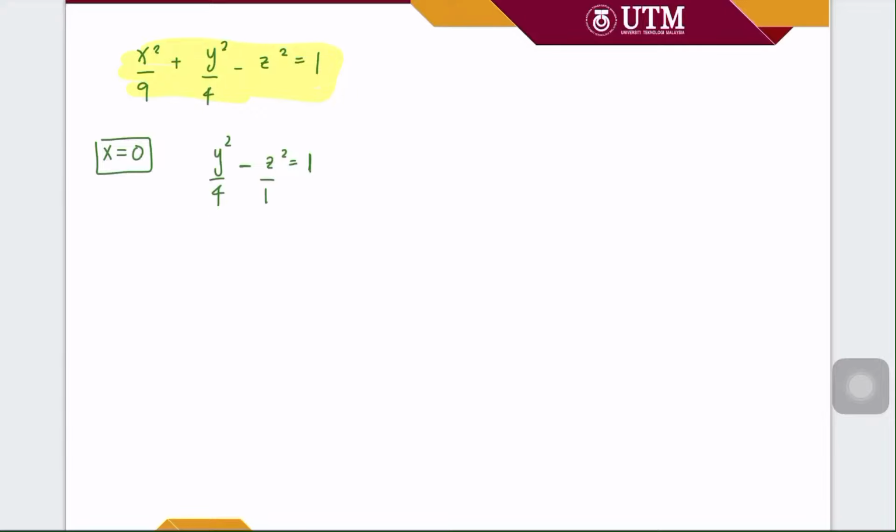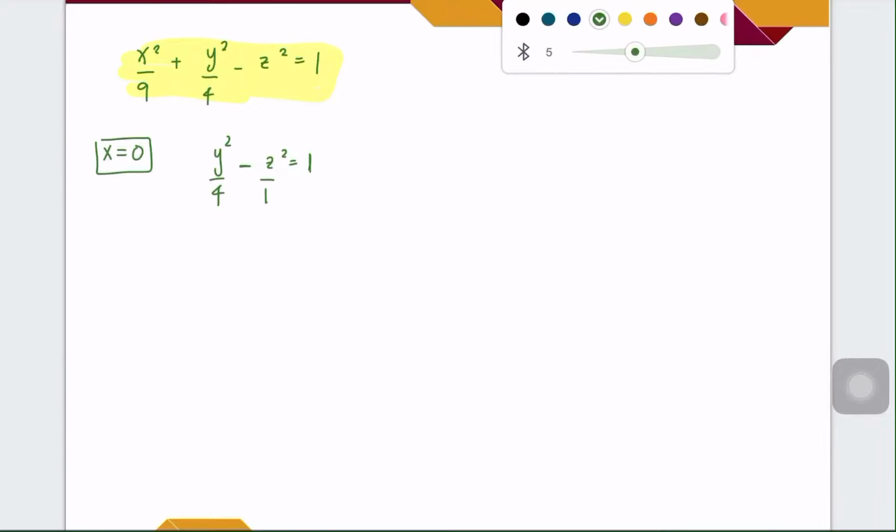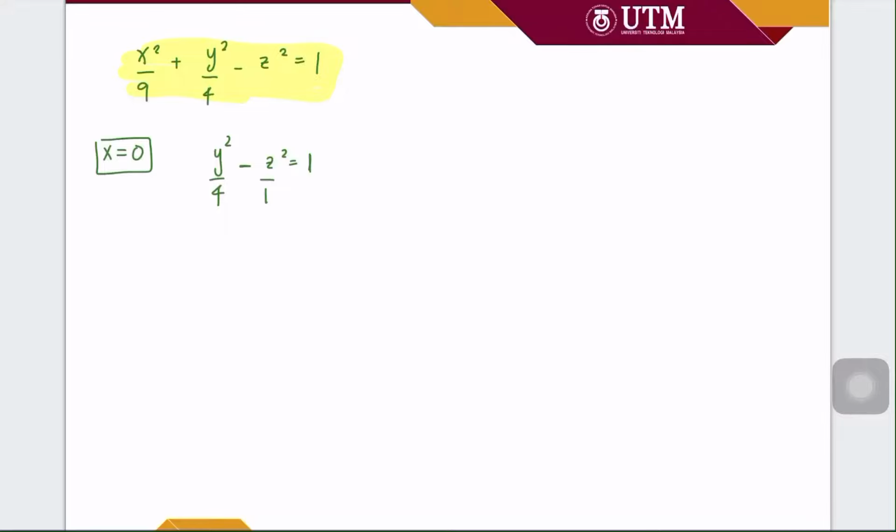For the hyperbola, the graph is either like this or like this. Now the negative value belongs to z, so the graph doesn't touch z. It won't intersect at z, so the graph will be this one.